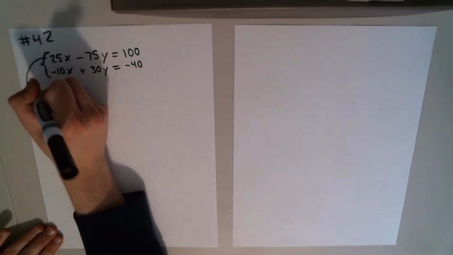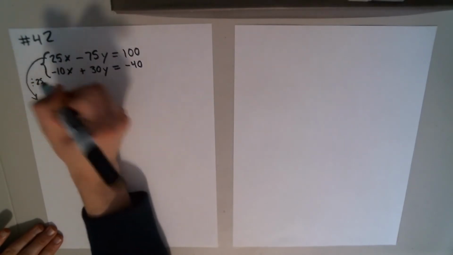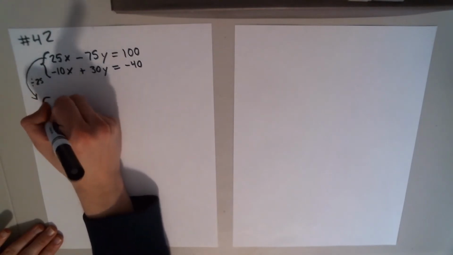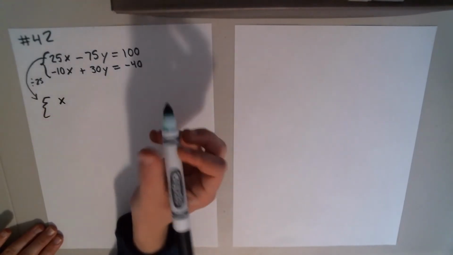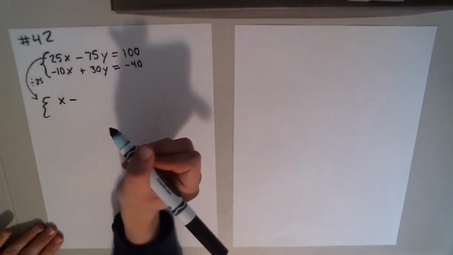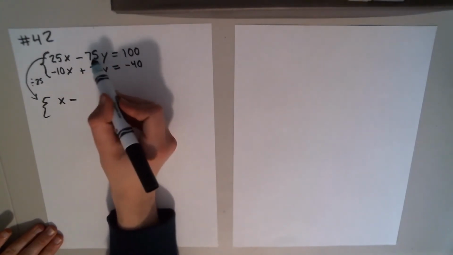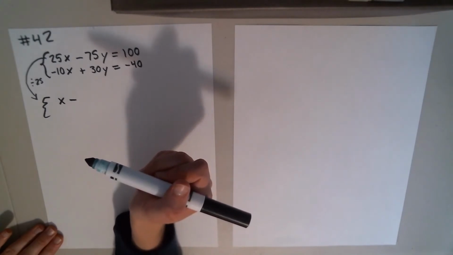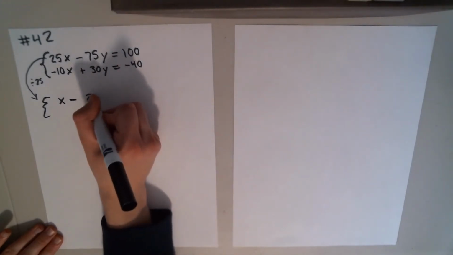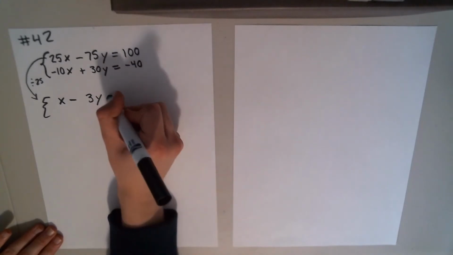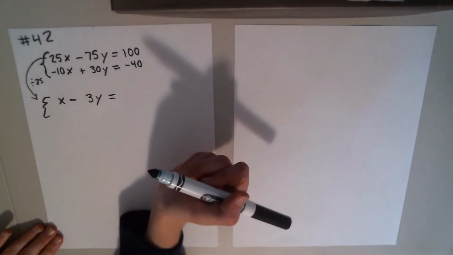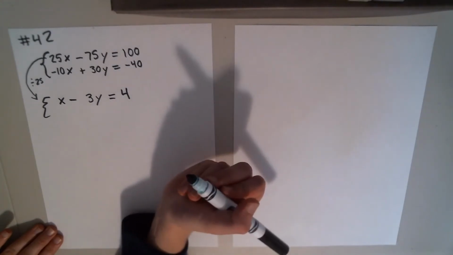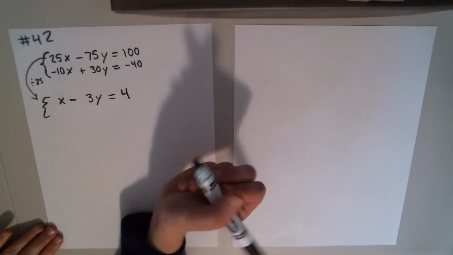So what I would probably do first is I would divide by 25 through the whole thing, and that would give me a new system. I would have x, and then when you divide 75 by 25, we get just 3, so minus 3y is equal to, and then 100 divided by 25 is 4. Okay, so that's what that first equation transforms into.